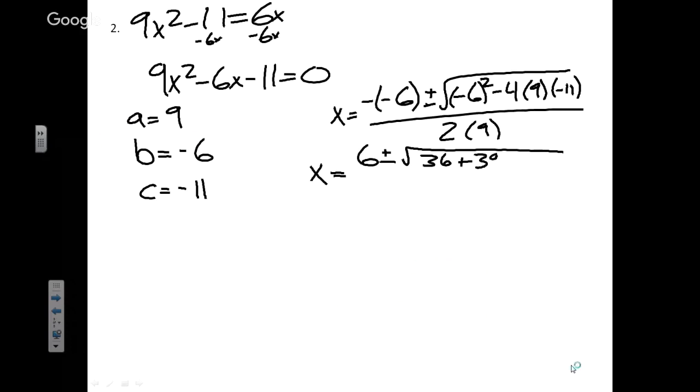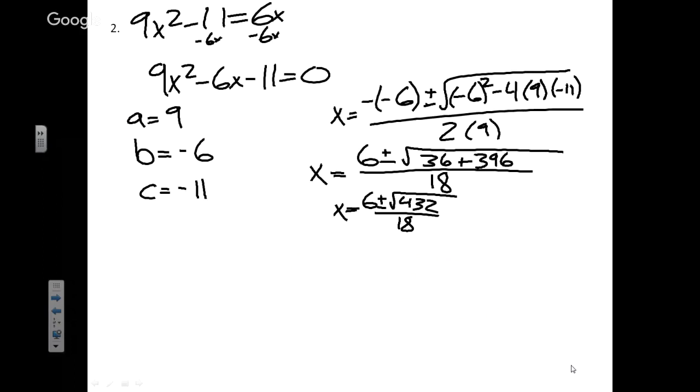So positive 396, all divided by 2 times 18, or 2 times 9 is 18. So what's the 36 plus 396? So x equals 6 plus or minus the square root of 432 divided by 18.